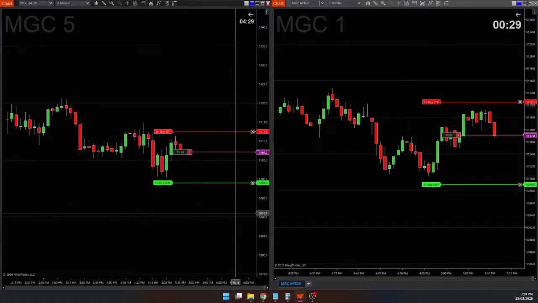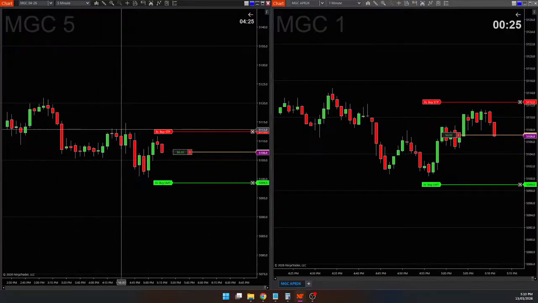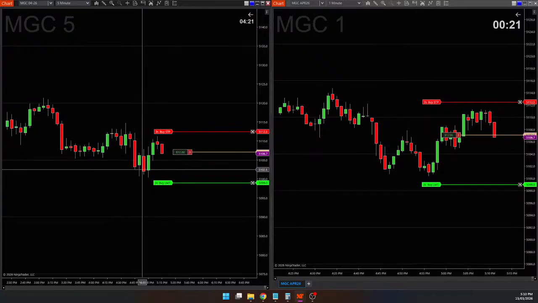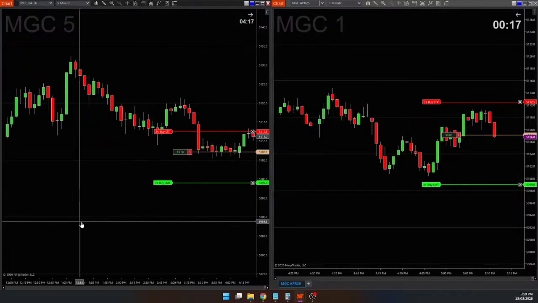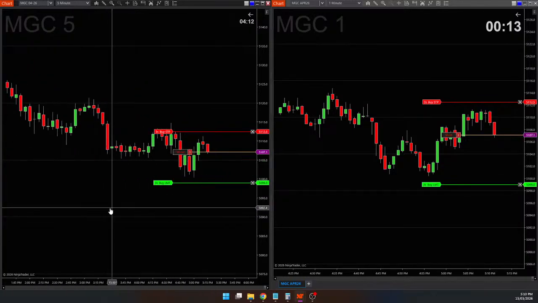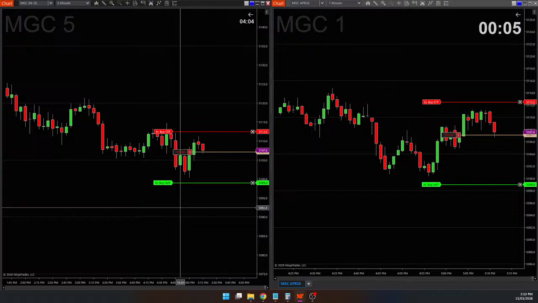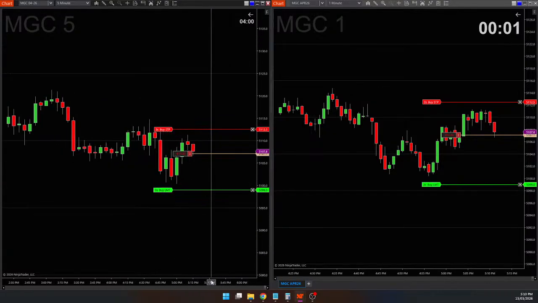Think of this as downswing, pullback, downswing, pullback. It's a pretty weak downswing. Just in disbelief at how a little bit of price movement right now is causing such a big effect.